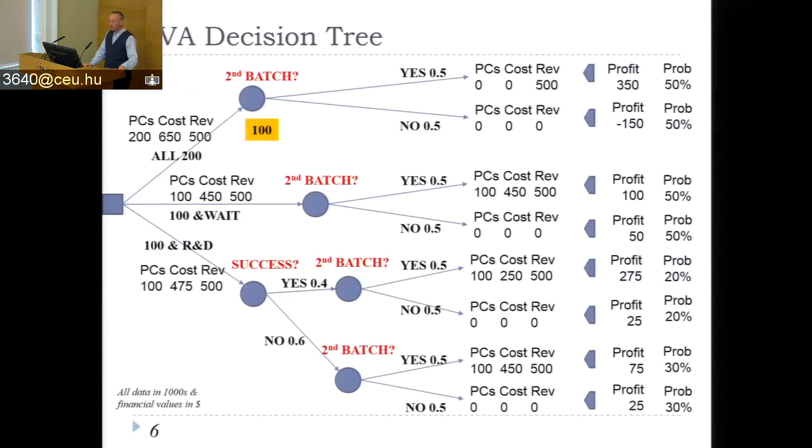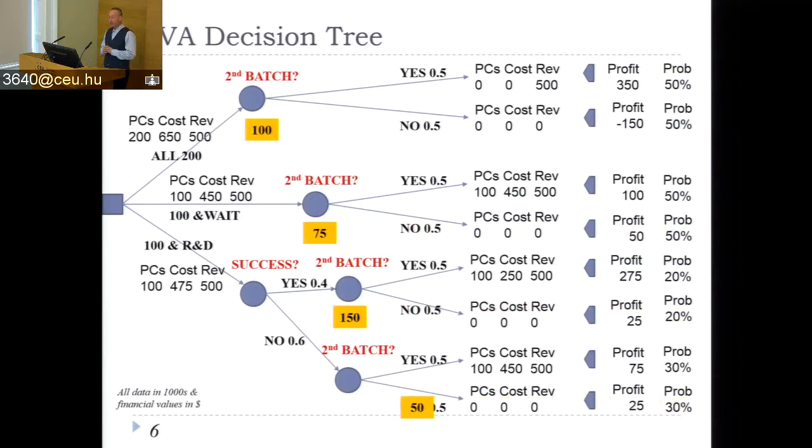Once again, in each situation I'm multiplying the corresponding values. In this case, I'm getting 75 by multiplying 100 times 50% plus 50 times 50%. Result, 75. Next one: 275 times 0.2 plus 25 times 0.2, we will get 150.